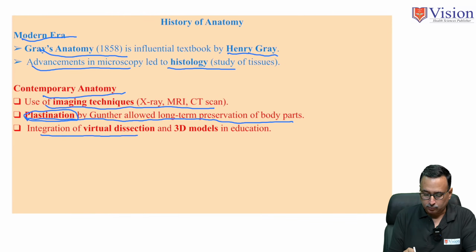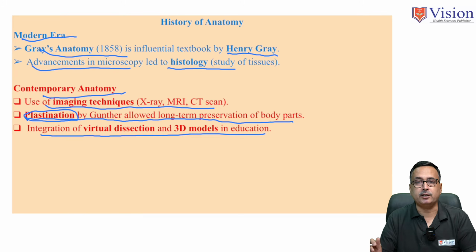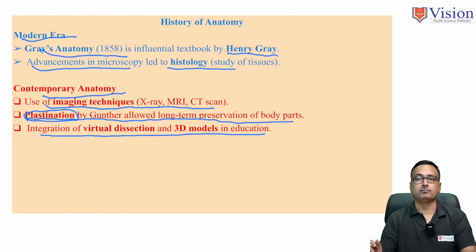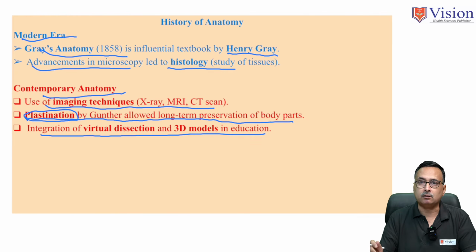Today we have 3D models with which we can perform a dissection. These are the advancements day by day, and they have become the modern techniques of studying anatomy by radiology, plastination, and 3D simulation. These techniques help to understand the basic details of anatomy.